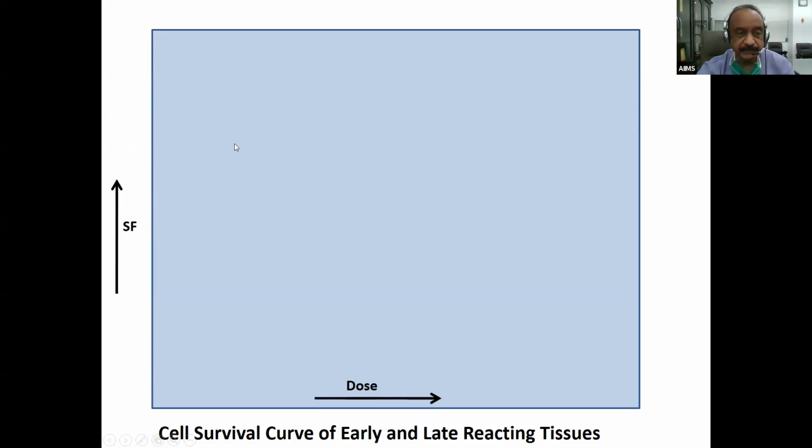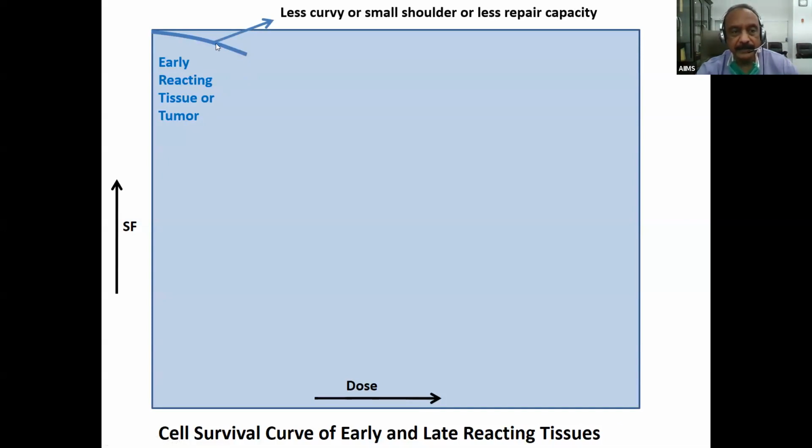Now, putting these two curves, the early reacting tissue and late reacting tissue, together, so that you can have a better idea and compare better. This is the initial portion or the shoulder of early reacting tissue or tumor, because both have the same alpha beta ratio. So this is less curvy or a small shoulder, or it has less repair capacity. Now this is the initial portion of late reacting tissue.